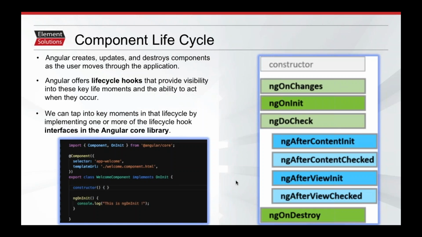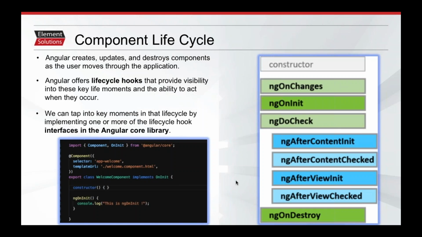Depending on the need, it creates new components and destroys them if the user exits the page. So each component has to go through all the life cycle phases. But if we have to add some of our own logic into the life cycle phases, it provides interfaces.